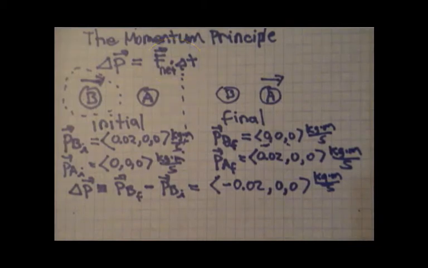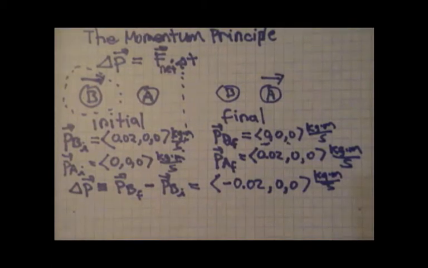So I would say that there's a net force acting on the object, acting over some duration of time, delta T, and that is what's responsible for causing the momentum of ball B to change. One definitive thing that we can say is that because the change in momentum points in the negative x direction, it must be true that the net force that acts on ball B also points in the left direction.